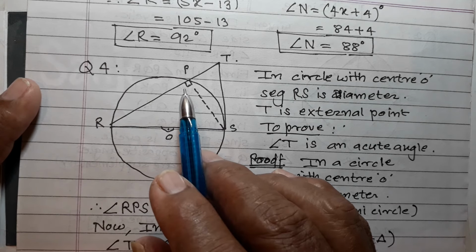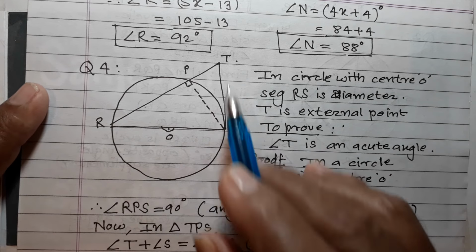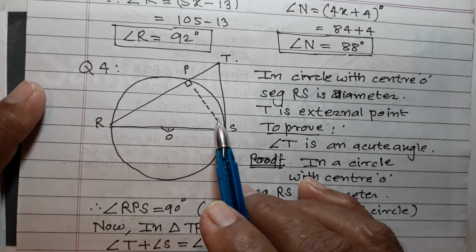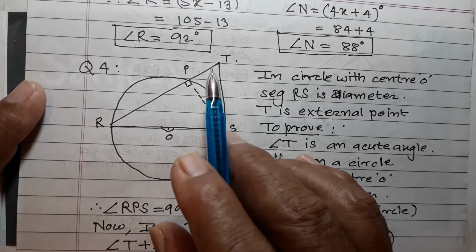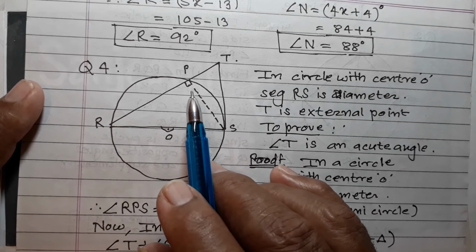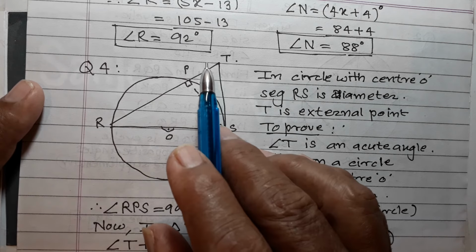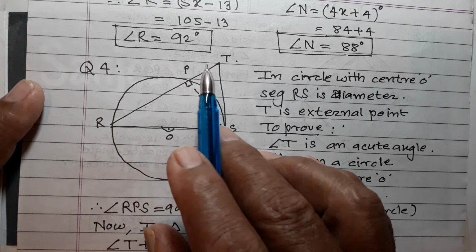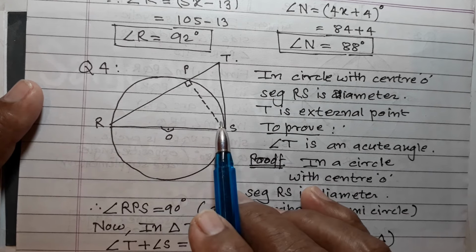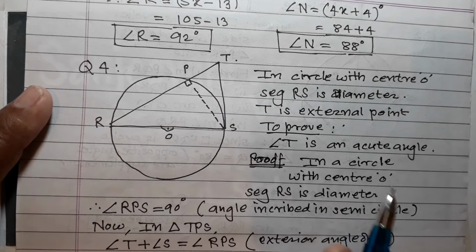This angle, so that is 90. That means angle T plus this angle is equal to 90, and therefore T is obviously less than 90, because the addition of these two is 90. Therefore this T is less than 90, or this S is also less than 90. Okay, that is an acute angle.